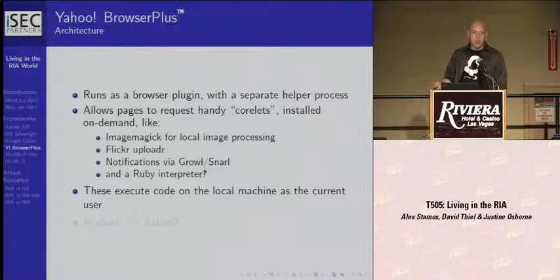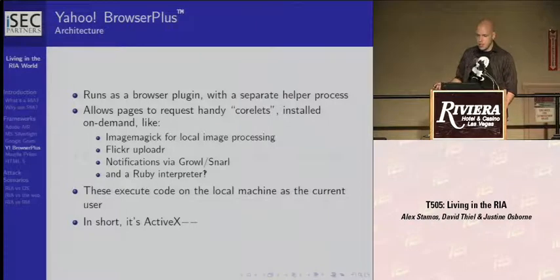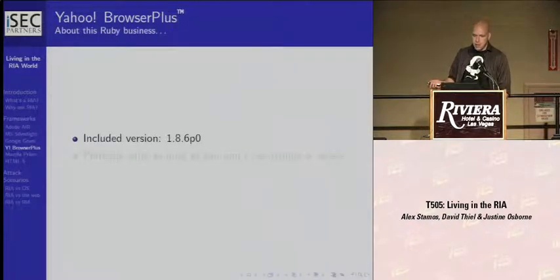These, of course, all run on the local machine with full user privilege. It's worse than ActiveX as near as I can tell. The Ruby version that was shipping up until a week or two ago was the same version that some people might have heard about, that had really trivial overflows in both arrays and strings.